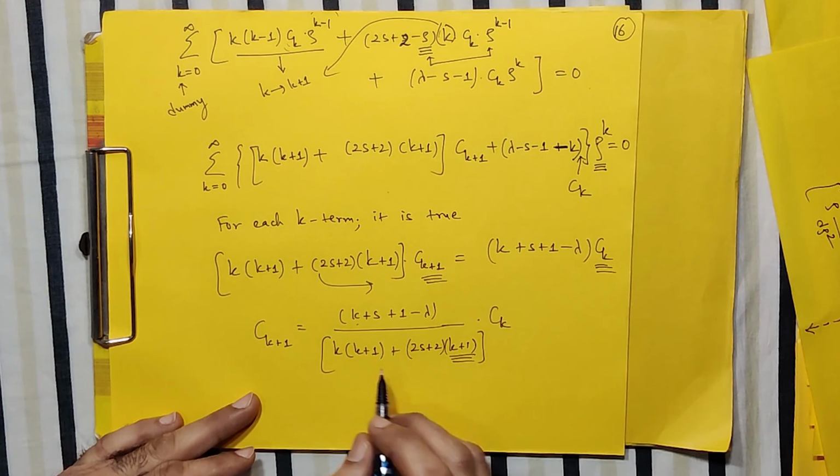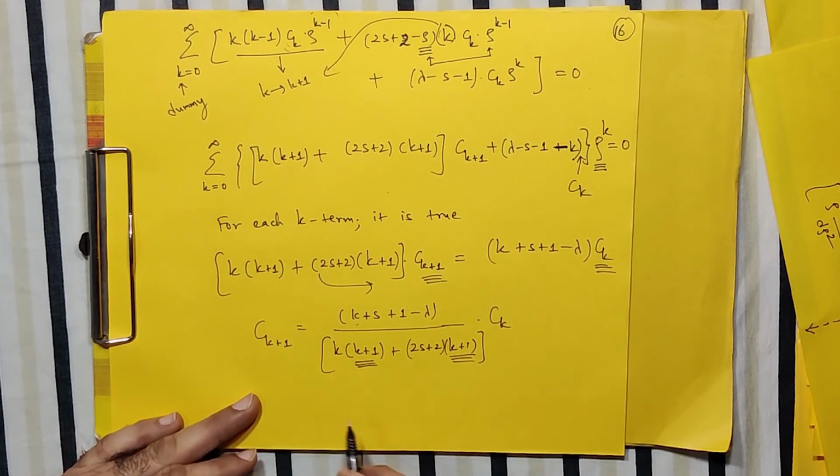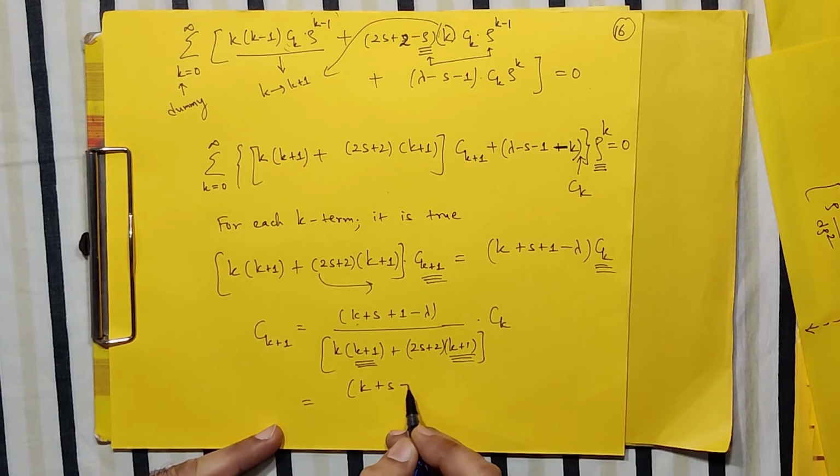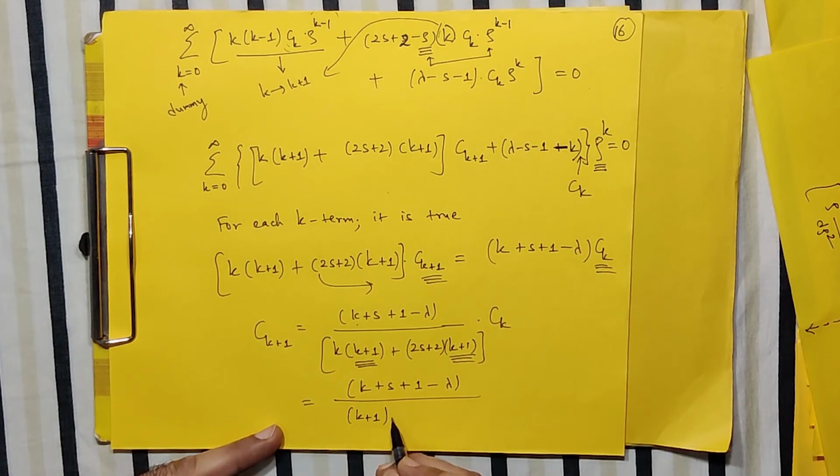And you can see here in the denominator, this k plus 1 can be taken common. So finally, what I get is this. It is k plus 1 common, and what you are left with is 2s plus 2 plus k.